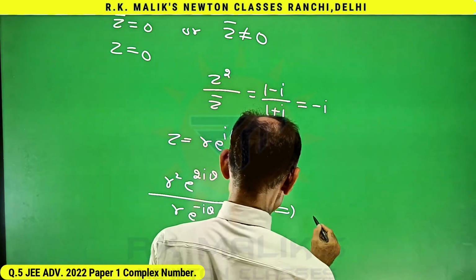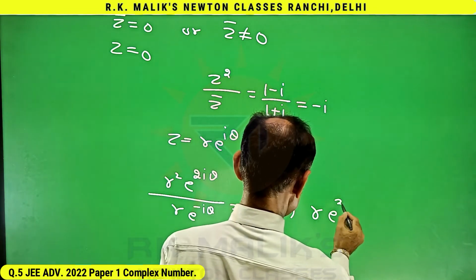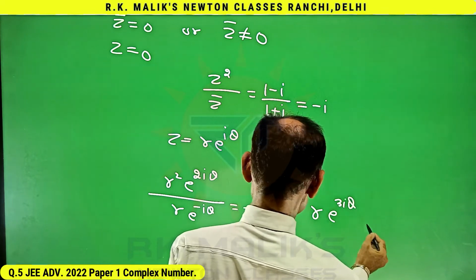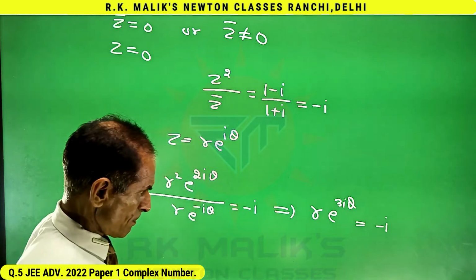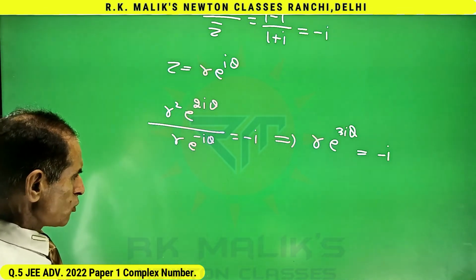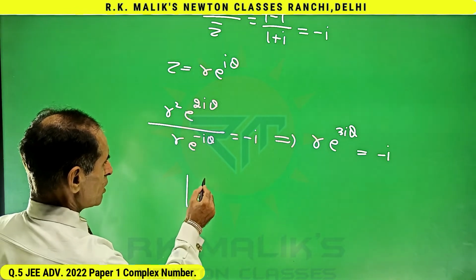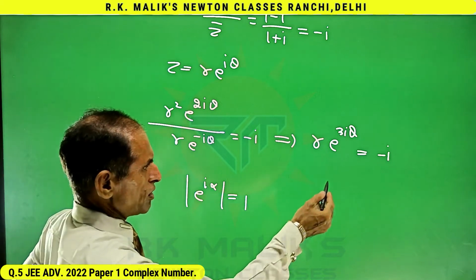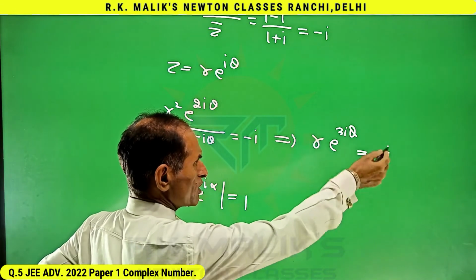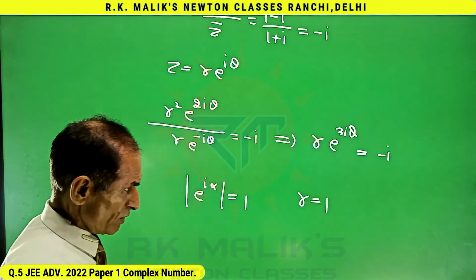That is, I get r e to power 3i theta equal to minus i. And keeping this concept in mind that mod of e to power i alpha is always 1, by taking modulus on both sides I can say r is equal to 1.